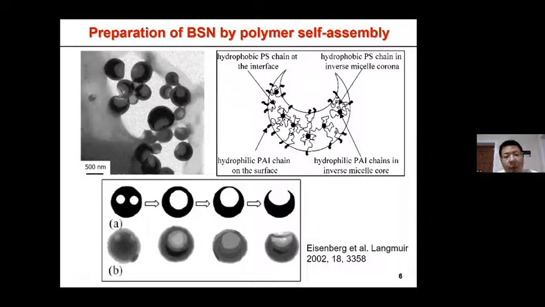The pioneering study of the preparation of bowl-shaped nanoparticles was reported by Eisenberg and co-workers. They synthesized amphiphilic triblock copolymers, which can self-assemble into bowl-shaped nanoparticles, and they proposed the formation mechanism and the inner structure of bowl-shaped nanoparticles.